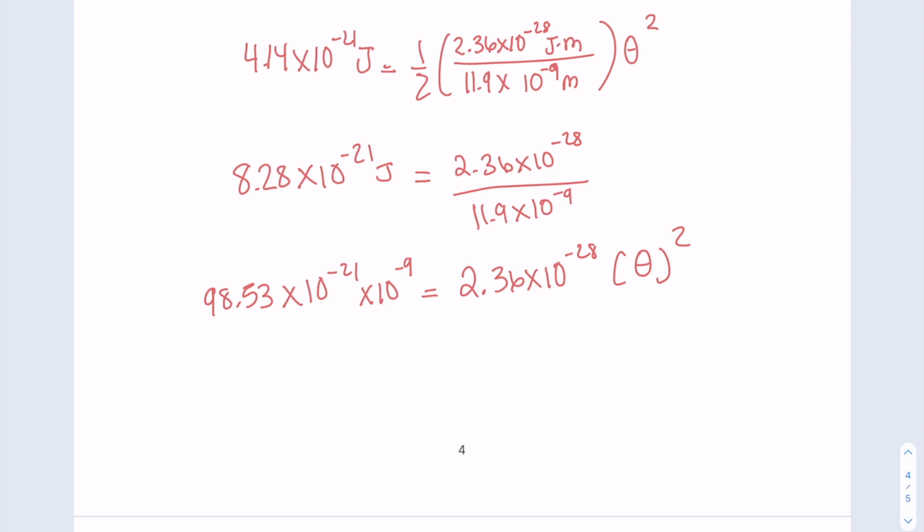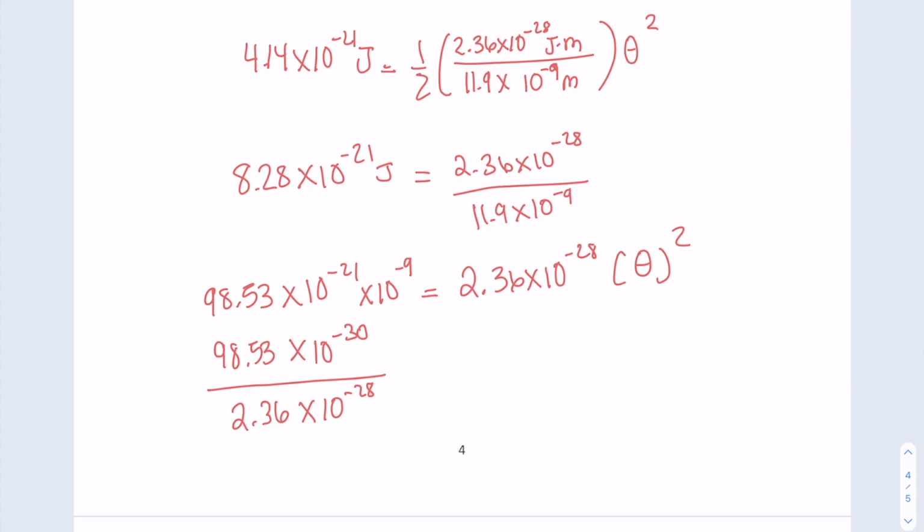So if we want to simplify this real quick, when you multiply these two together, you can add the exponents, right? So this should be 98.53 times 10 to the negative 30. And then you can once again just divide over 2.36 times 10 to the negative 28.